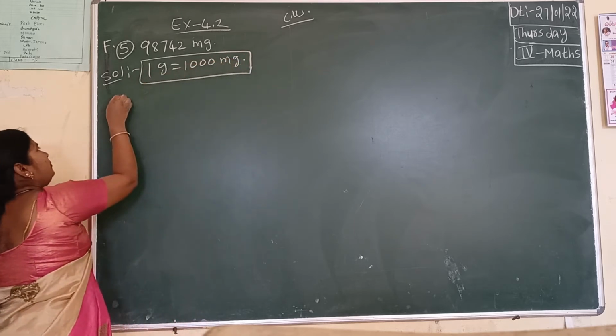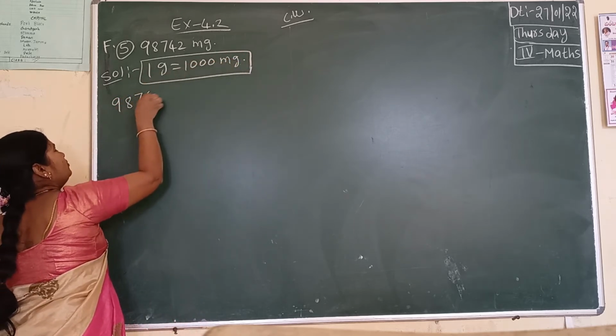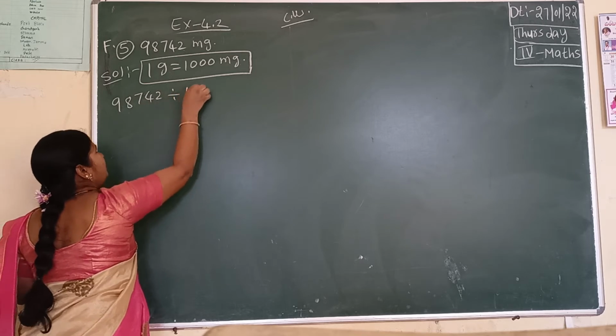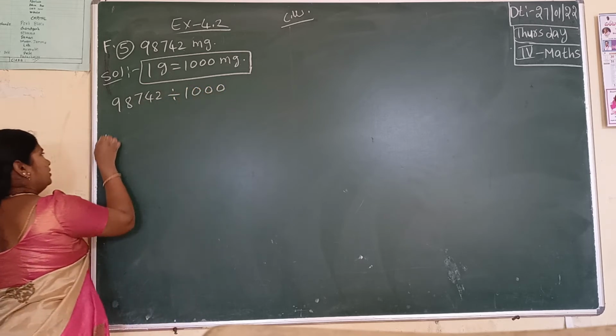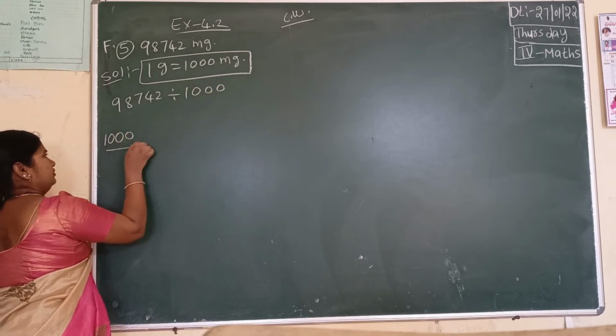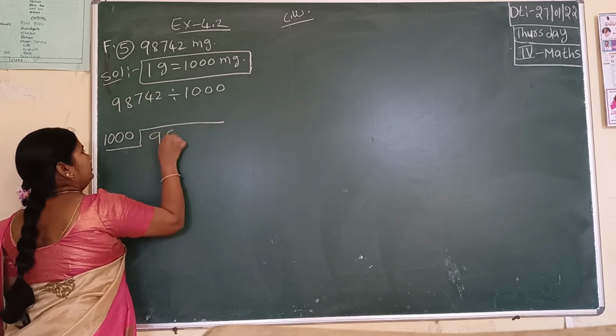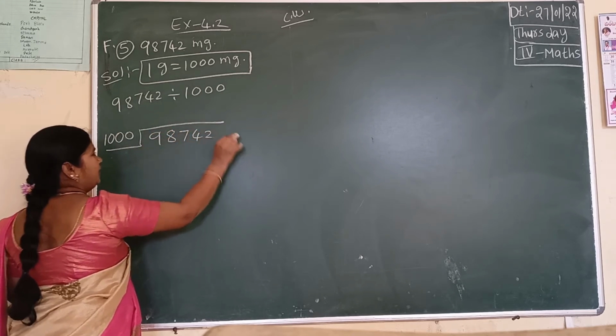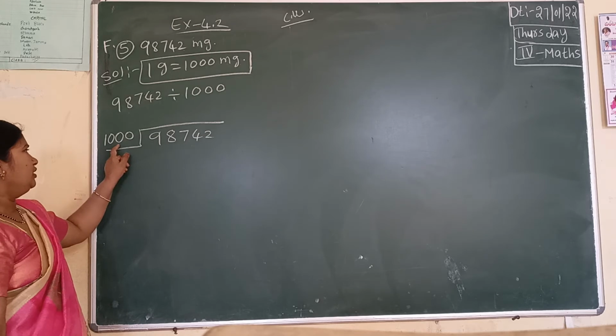Now you have to do division. 98,742 divided by 1000.